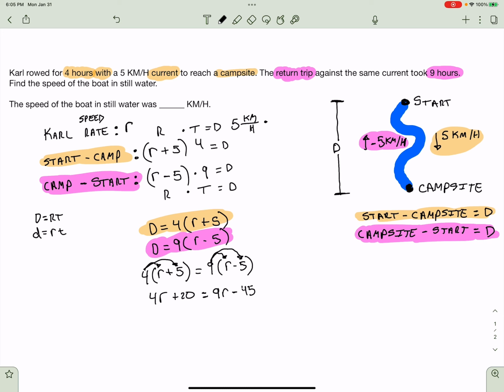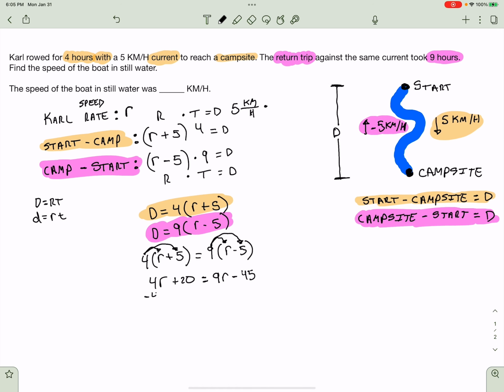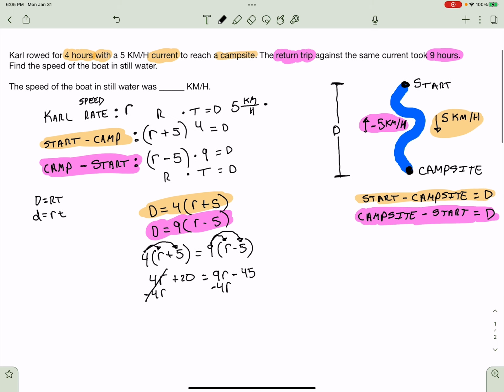We are so close to having a solution now. I think it'll be easier to take the 4 away from the 9. So we're going to say 4r minus 4r, and 9r minus 4r. Here on the left, it cancels. That leaves us with 20.